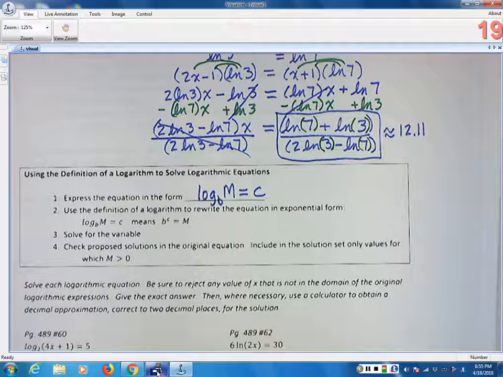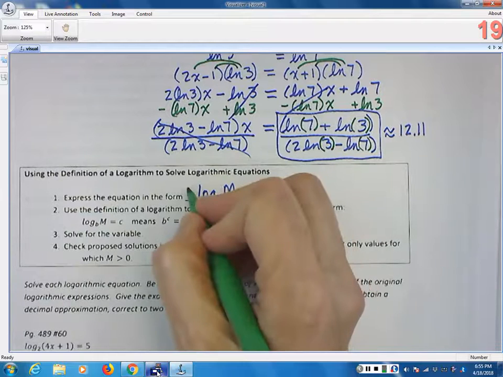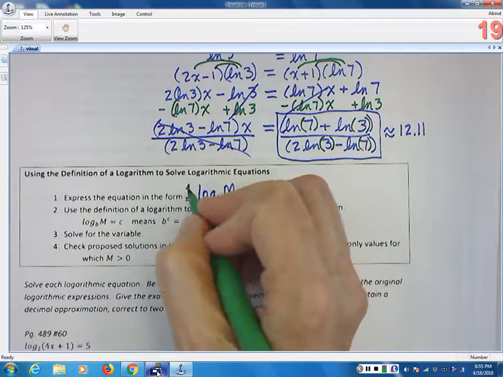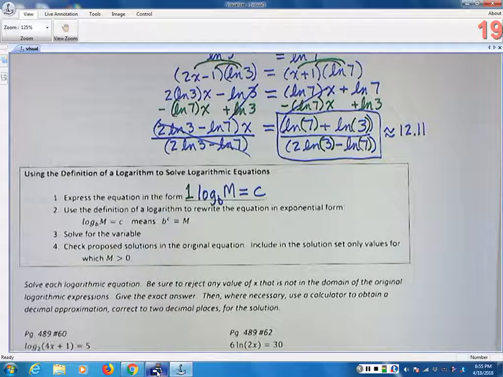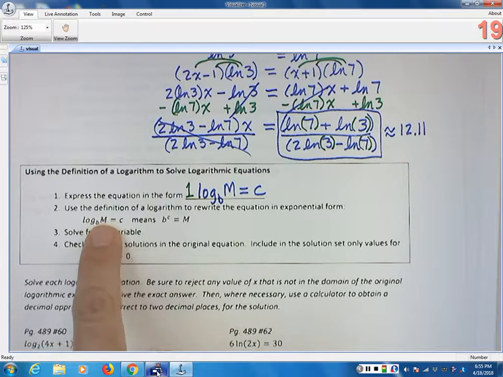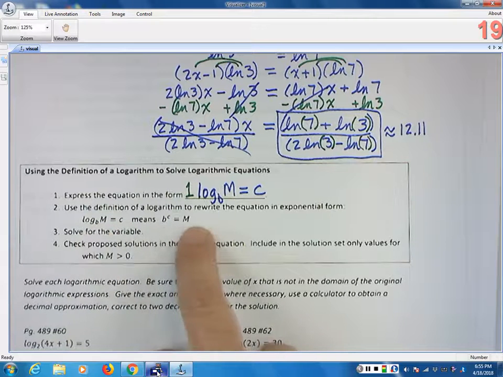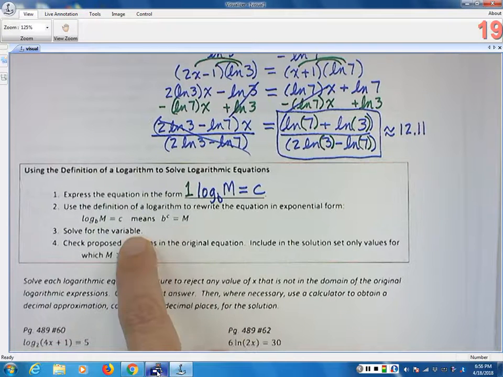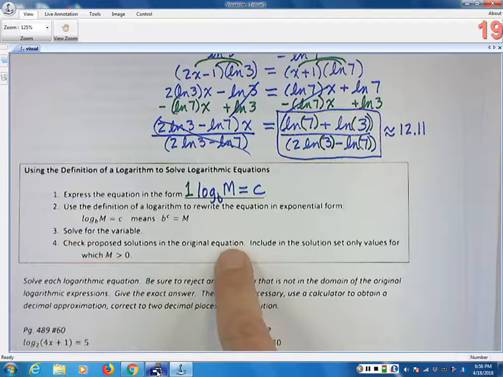We do need to make sure there's an understood coefficient of 1 here. And it has to be a single log. So if we have it in this form, then we can use the definition and change it to b to the c equals m. Solve for the variable, check it in the original equation.